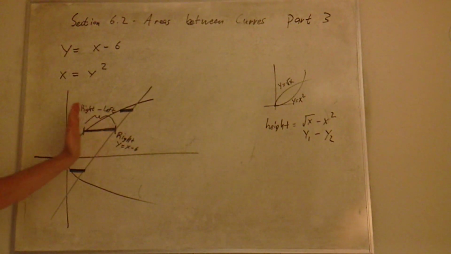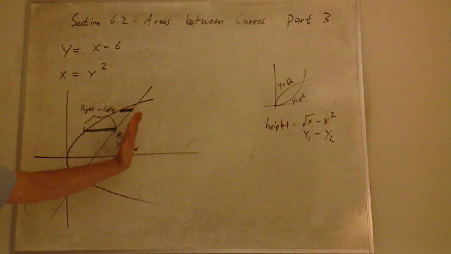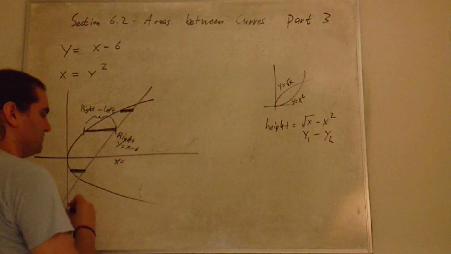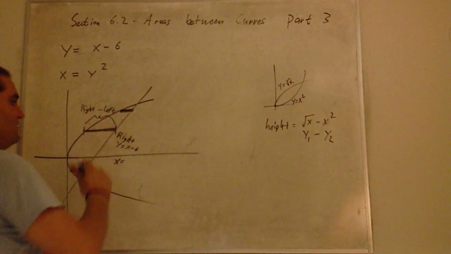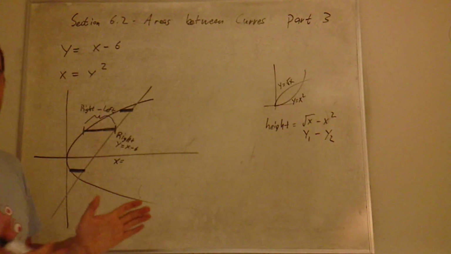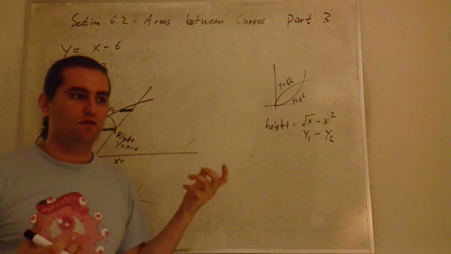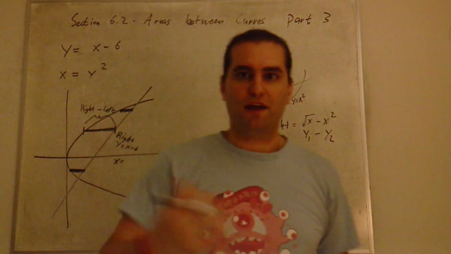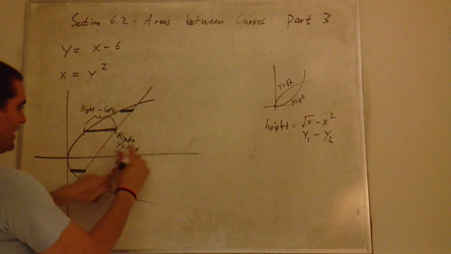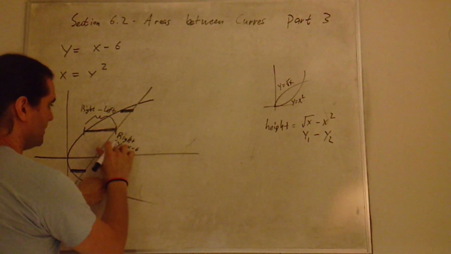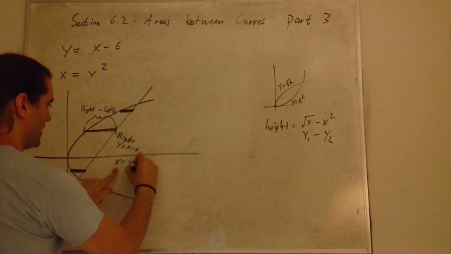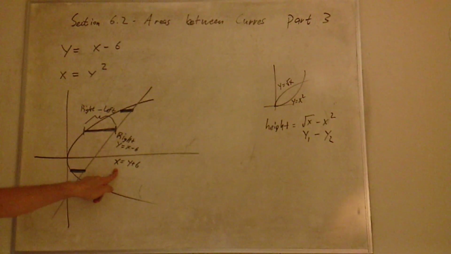If I'm thinking about this in terms of right and left, I need to transform this into an x equals function, because right and left are x values, and the difference between right and left has to be the difference between one x value minus another x value. So if I add 6 to both sides of this equation, I can express this function as x equals y plus 6.